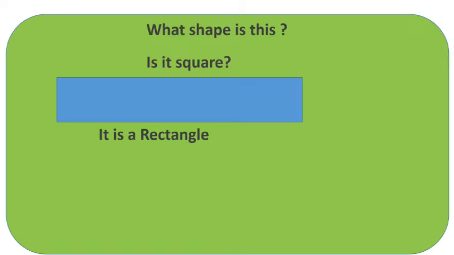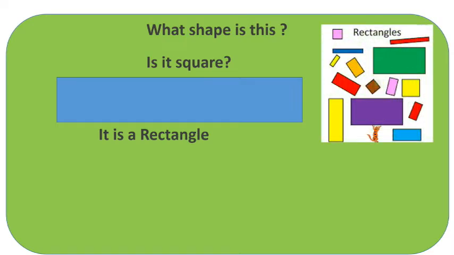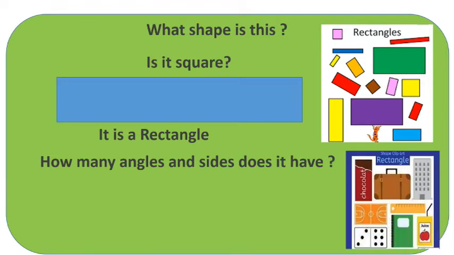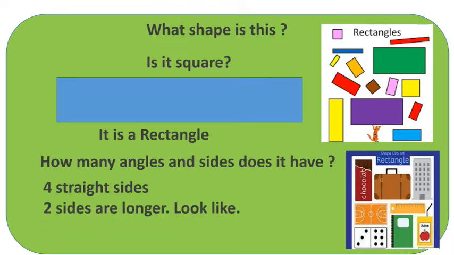It is a rectangle. How many sides and how many angles does it have? It has four straight sides. Two sides are longer.